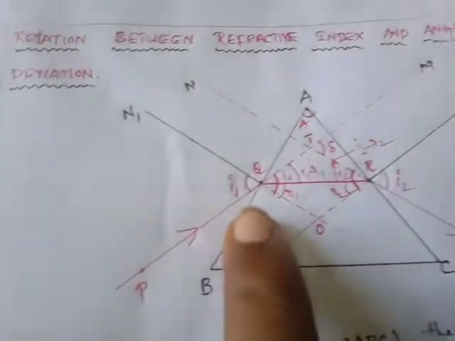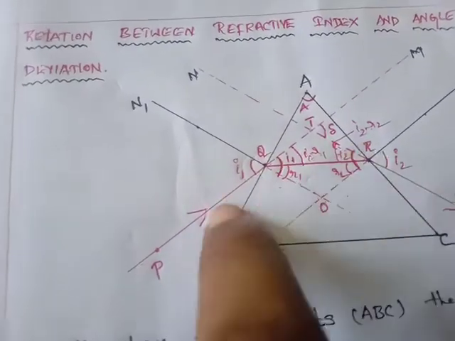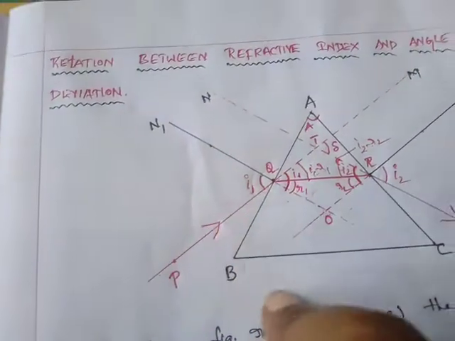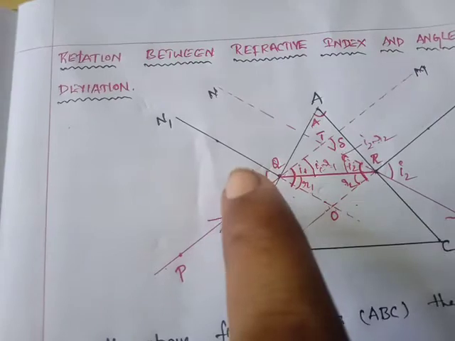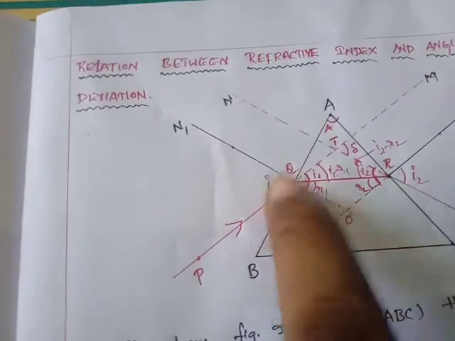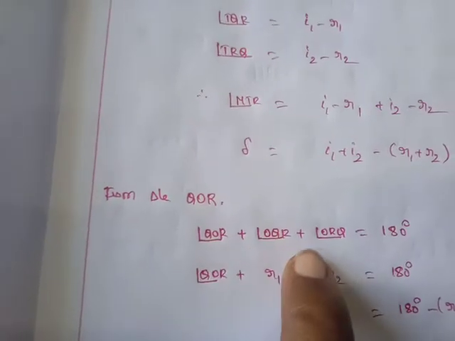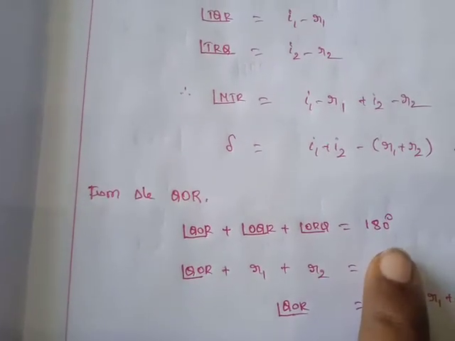So, from triangle QOR. See here, QOR is a triangle. So in this triangle, the total angle is 180 degrees. Then angle QOR plus angle OQR plus angle ORQ is equal to 180 degrees.